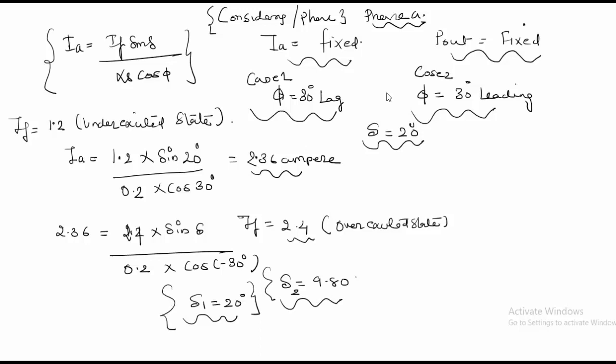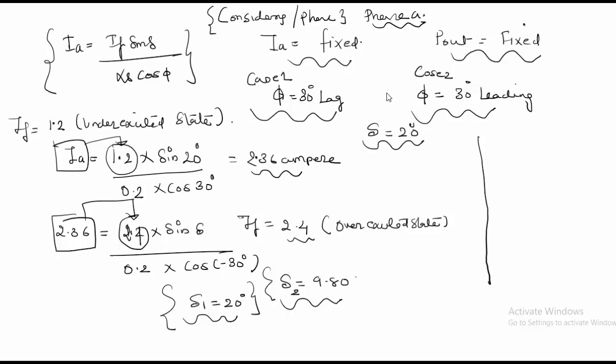So for the same IA, I will get two values of IF, one which is lower and one which is higher. So this will give me a curve which is V shaped.